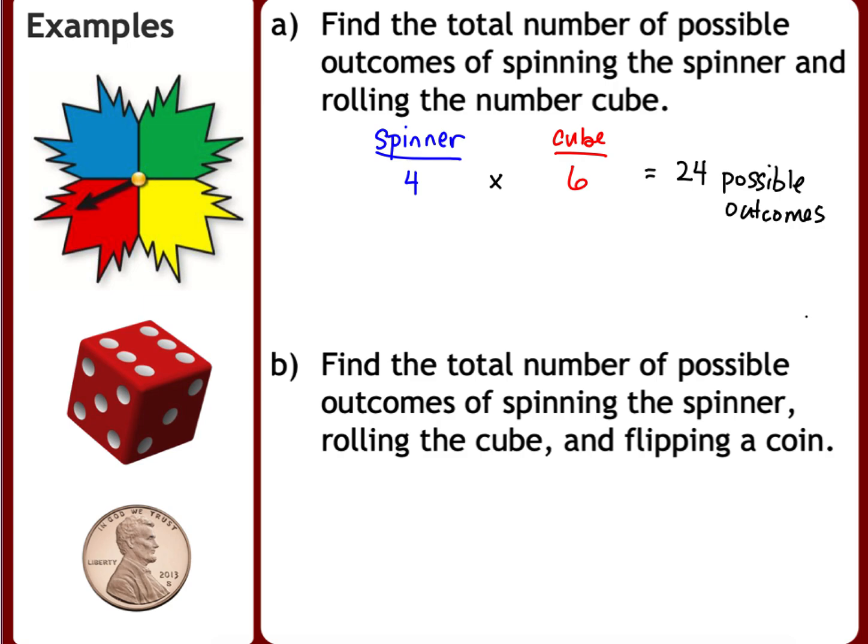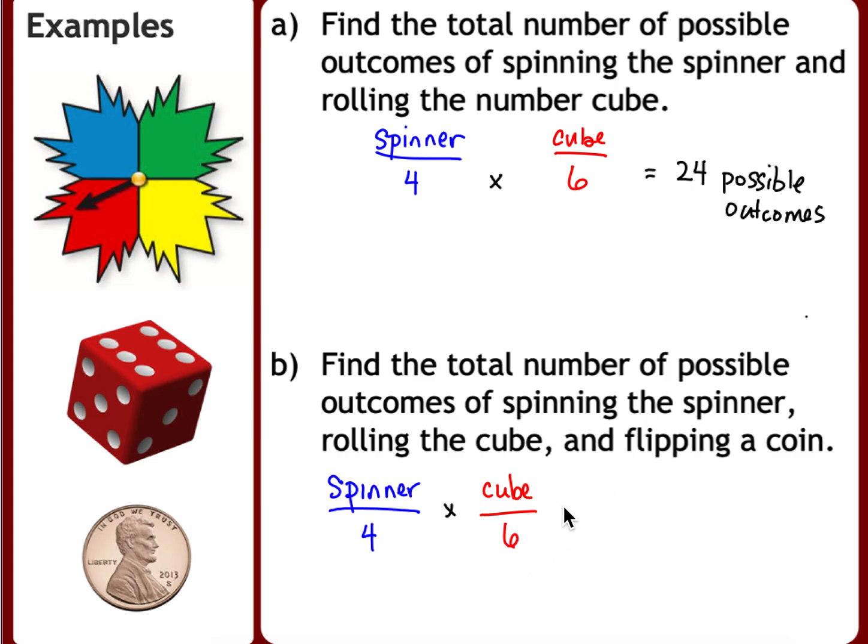All right, now if we look at the next example, this one we have 3 events happening. We have spinning the spinner, rolling a cube, and flipping the coin. Again, all we need to do is multiply the possibilities for each event, and we will get the total possible outcomes for all 3. So we know that a spinner has 4 possible outcomes, and then we multiply that by the cube, which has 6 possible outcomes.